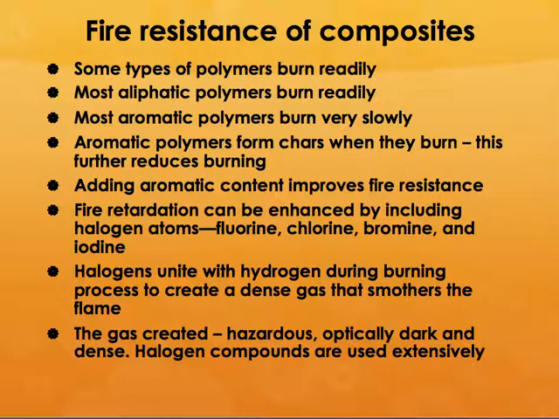Most of the time it is bromine, but what happens is that the halogens will combine with hydrogen and create a dense gas that will smother the flame, but that gas can be hazardous and not good for people around the composite system.